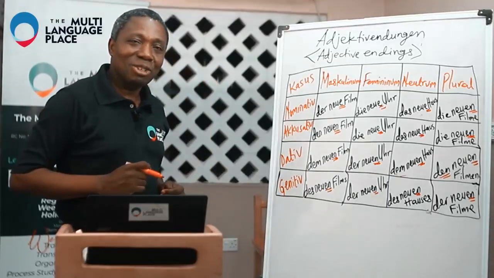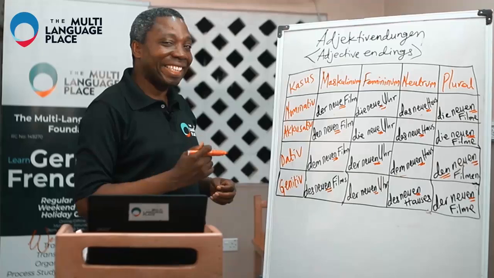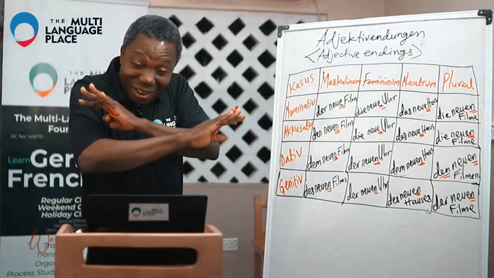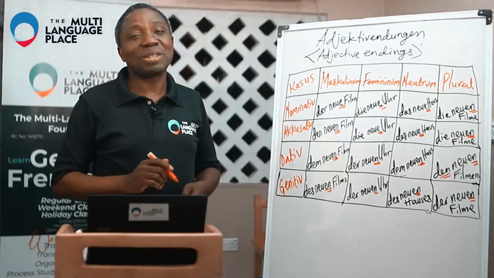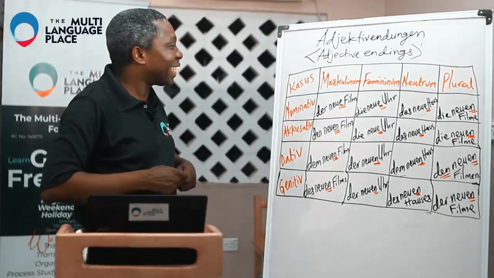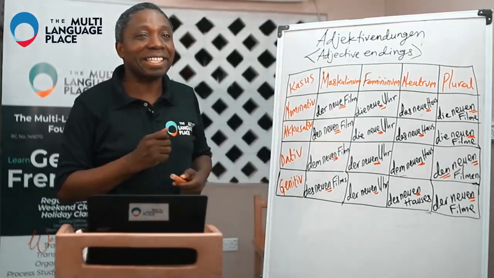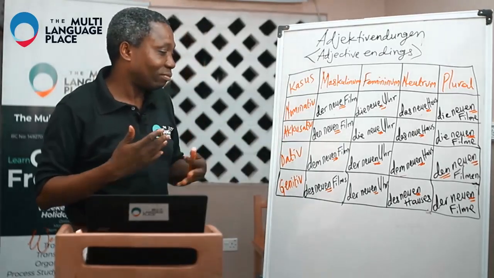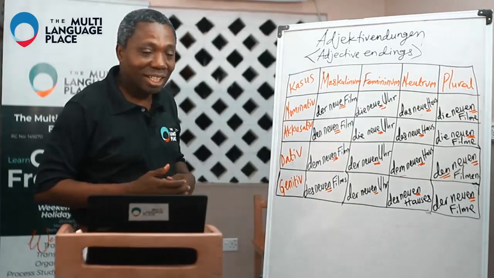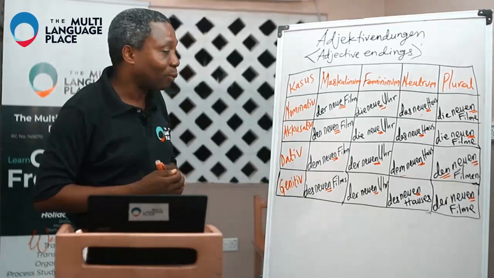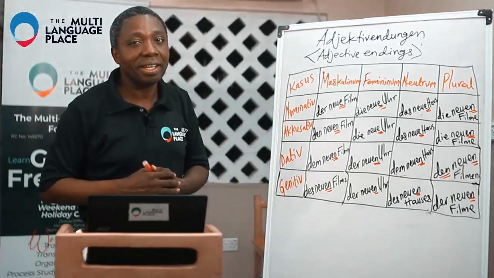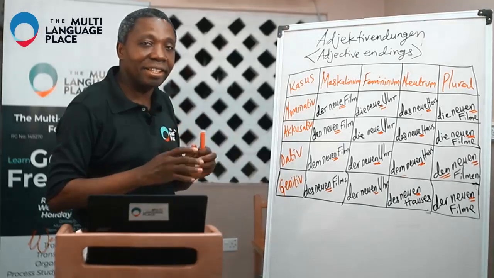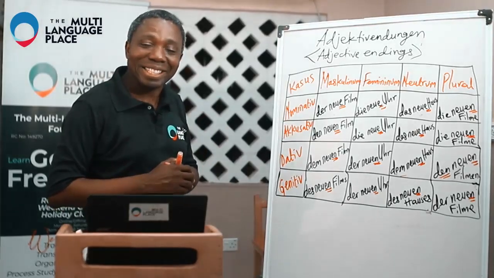Just use any formula you can use. Just get it like that. And once you get this one, you can get every other adjective when you are using them in sentences. It looks complicated, but it's actually not complicated. And as you do exercises, you get used to them more. This is a peculiarity in the German language when it comes to the endings of adjectives.